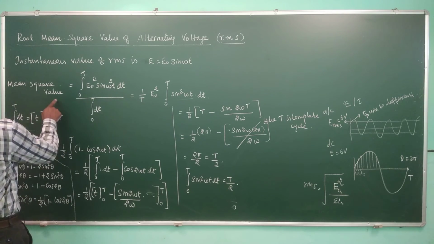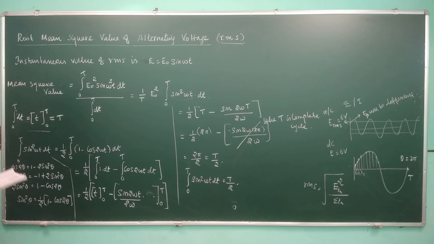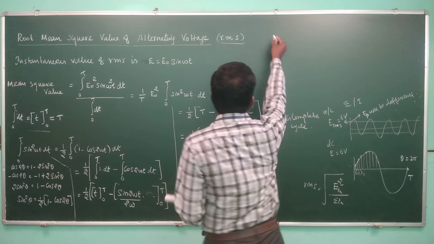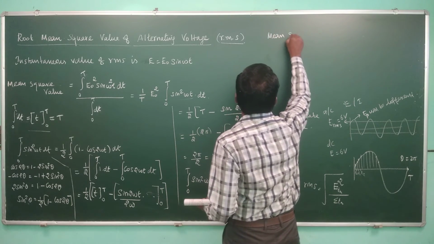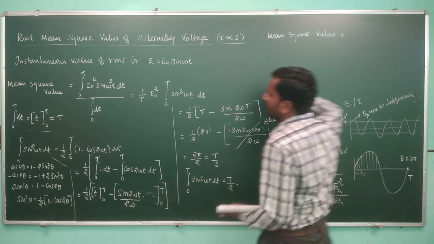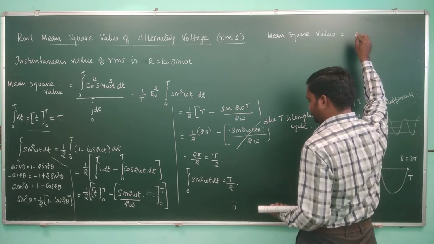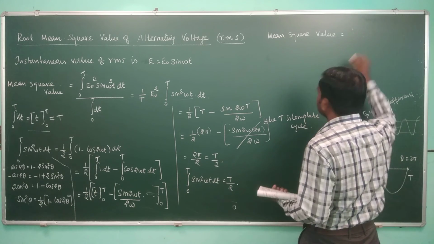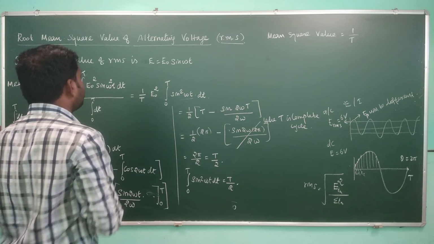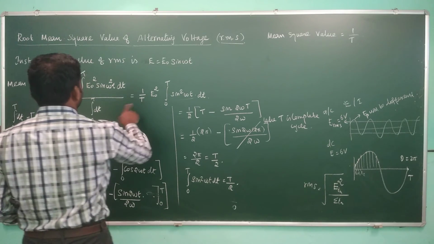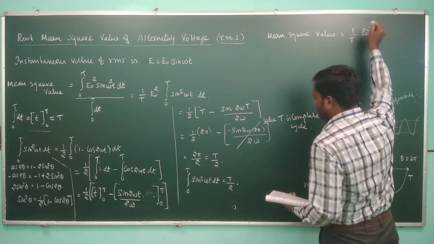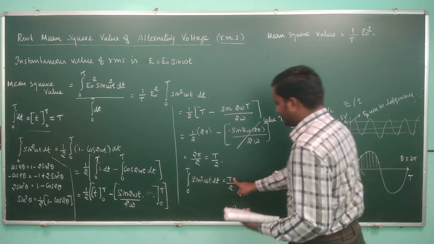So the mean square value is nothing but, already we have 1 by T, then 1 by T and E naught square, and now we have T by 2.